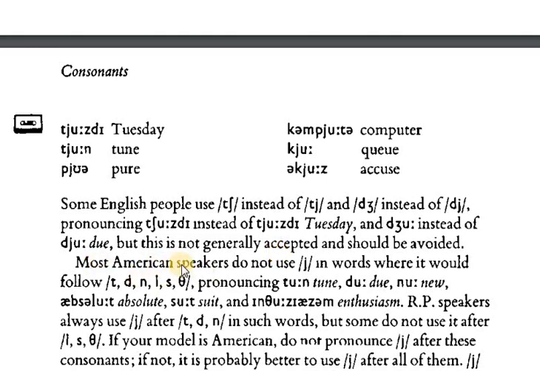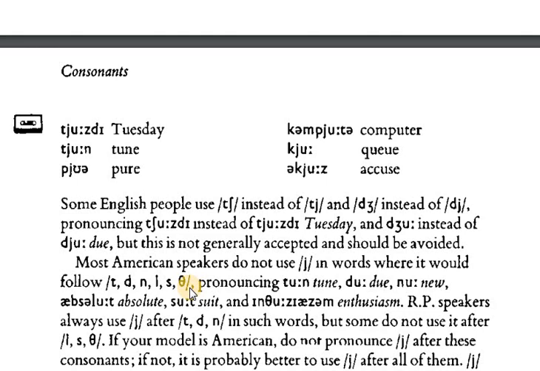Now, most American speakers do not use ye in words where it follows t, d, n, l, s, and th. If I have t, d, n, l, s, or th followed by ye, the ye is not going to be pronounced.